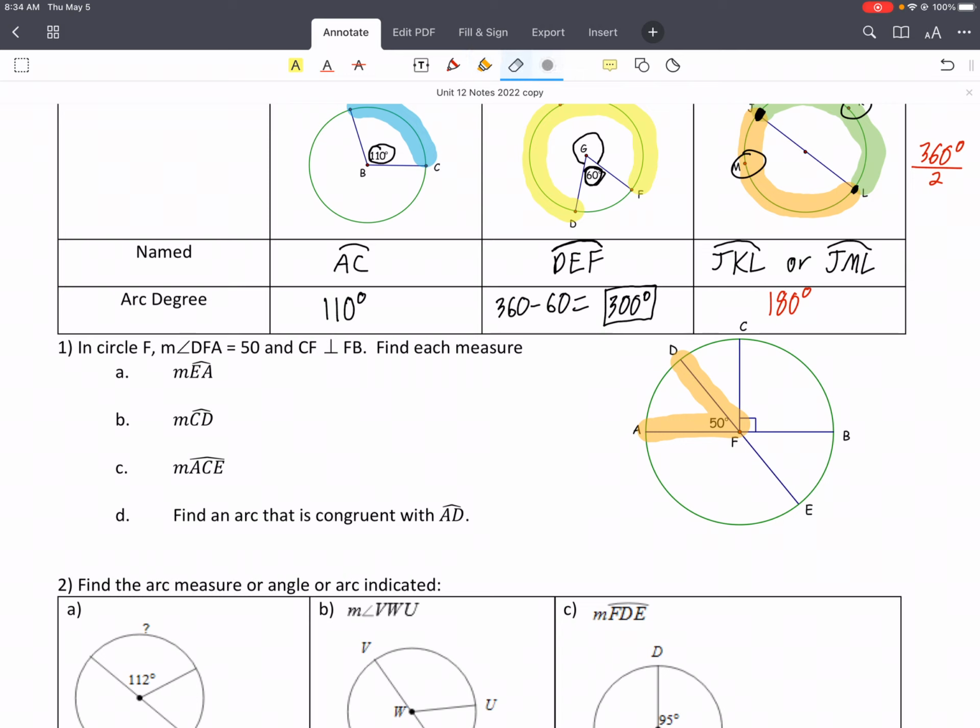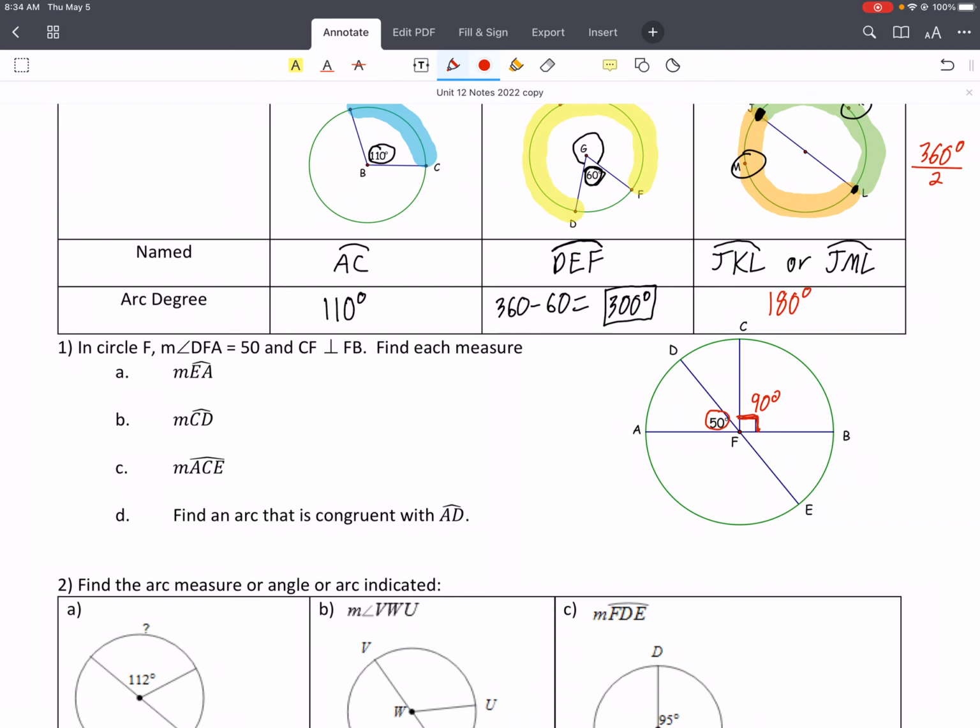We are given that this is 50 degrees, and because they're perpendicular, that is 90 degrees.